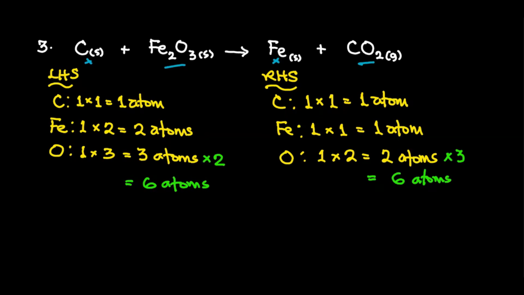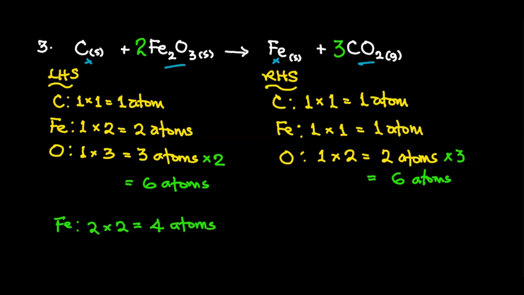If we do that, so we put 3 here, that will give us 3 CO2, and then add 2 here. That gives us 2 Fe2O3. But now by adding 2 there, that has altered what? The number of iron atoms, is it not? So iron has now become what? 2 times 2, which becomes what? 4 atoms.